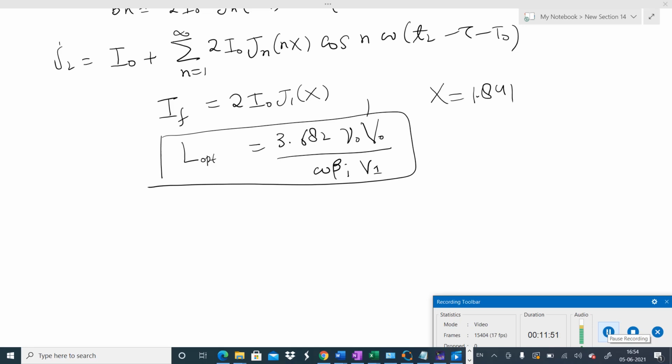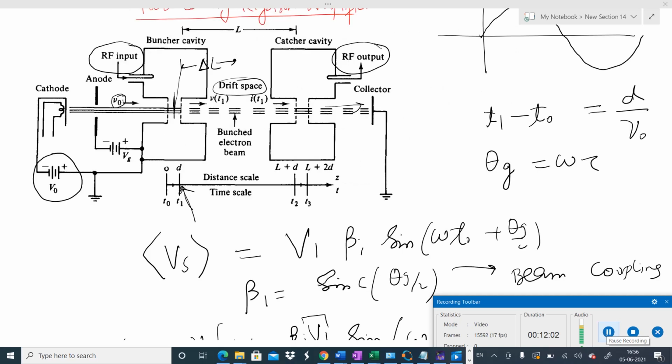Now I will show today what the output power is and how we can define the efficiency and some gain factors for this klystron. How does the amplification actually happen?